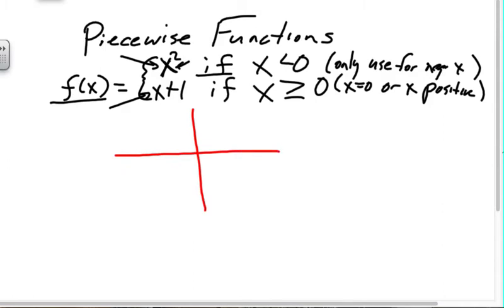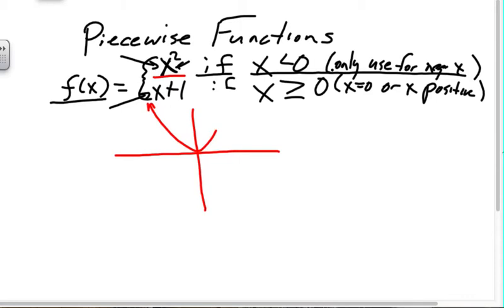Okay, now remember, I've got x squared here, right? Okay, well we can graph x squared, that's a parabola. You guys can probably do this in your sleep. Okay, but what you have to remember, this only works for negative x values.